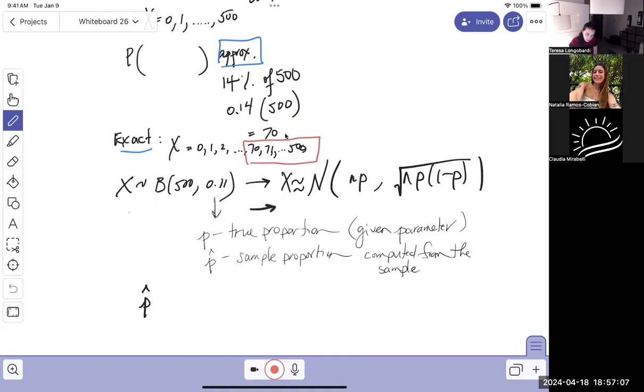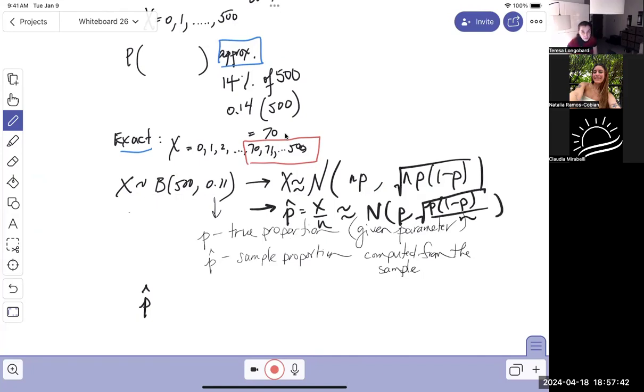But also, we know that p hat, which is equal to x over n, is also approximately normal with a mean of p, and a standard deviation of the square root of p times 1 minus p over n, since I divide both by n.